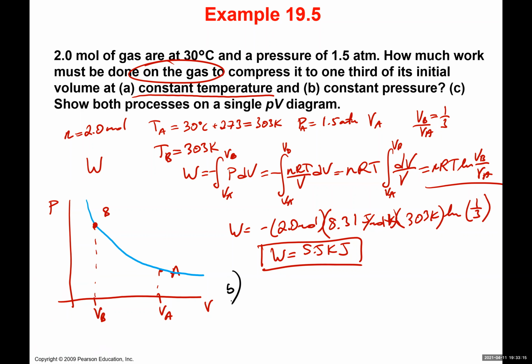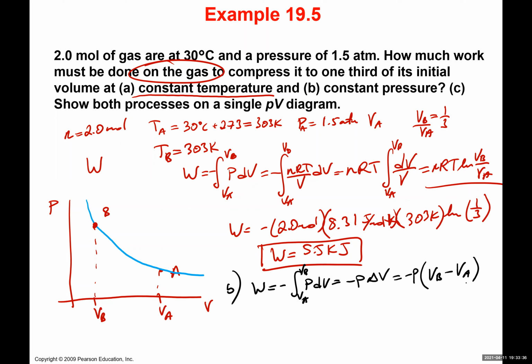For constant pressure, we have work done equals negative integral from VA to VB of P dV. But constant pressure means the pressure comes out, and that integral just becomes delta V. That means negative P times (VB minus VA).